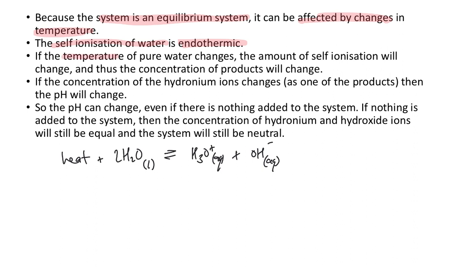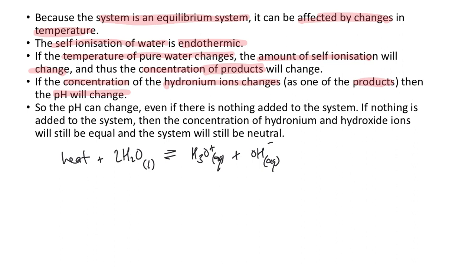If the temperature of pure water changes, the amount of self-ionization will change, and the concentration of products will change. Really we only care about the products, because the products are the only thing that have concentration. The reactants don't. If the concentration of the hydronium ions changes, because it's one of the products, then the pH will change.